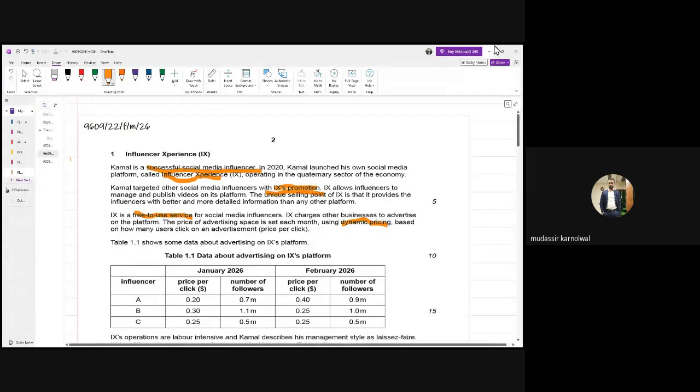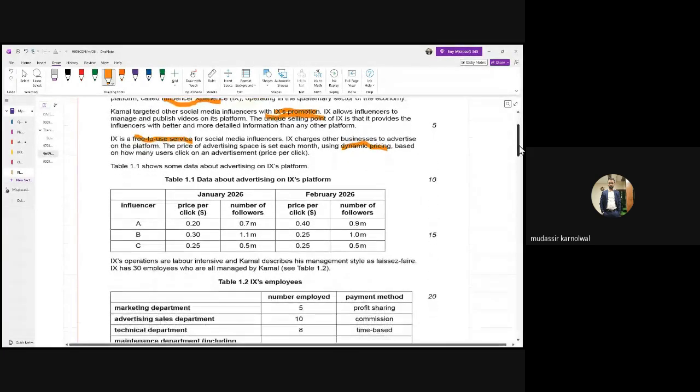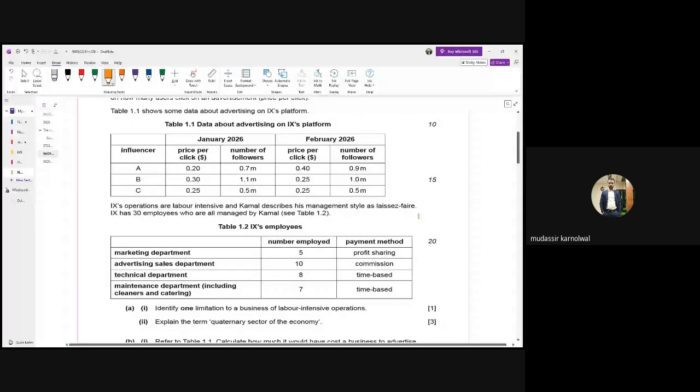Okay. Then IX operates as IS operations are labor intensive, and Kamal describes his management style as laissez-faire. IX has 30 employees who are all managed by Kamal. See table 1.2.